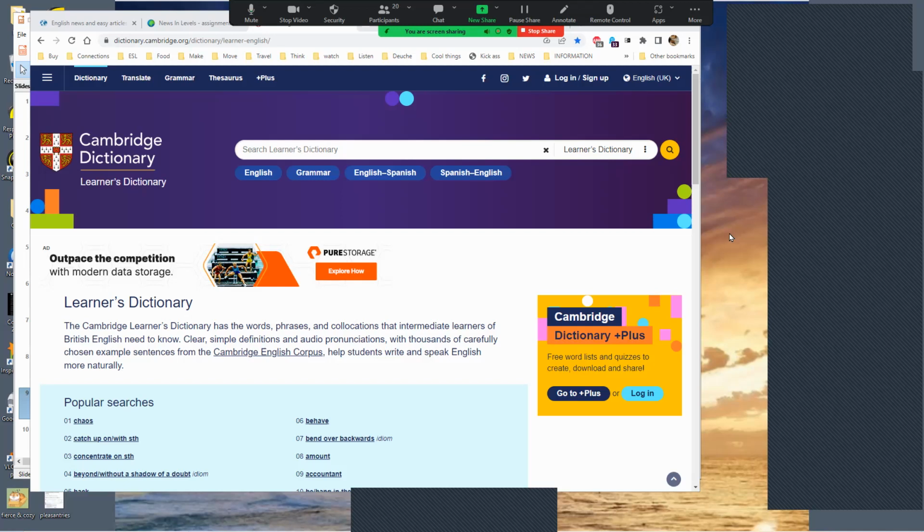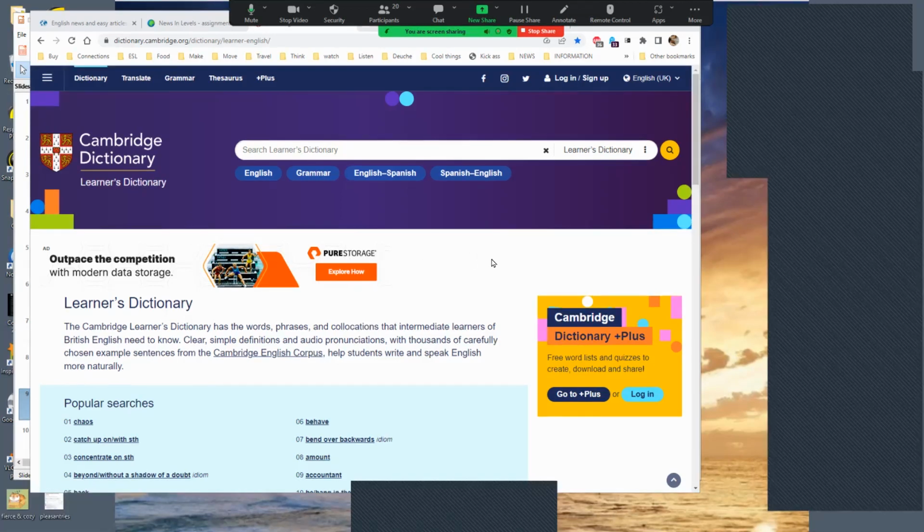Yeah. It's crazy. It's very hard to use an English language dictionary to look a word up. It should be easy. Cambridge Learner's Dictionary is specifically for that purpose. So the definition will always be easier to understand than the word itself.